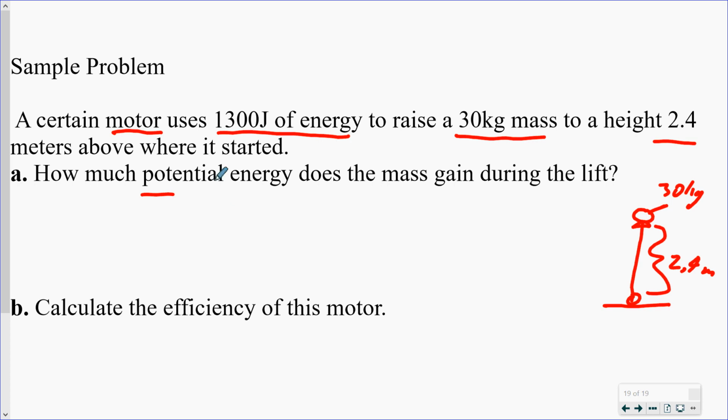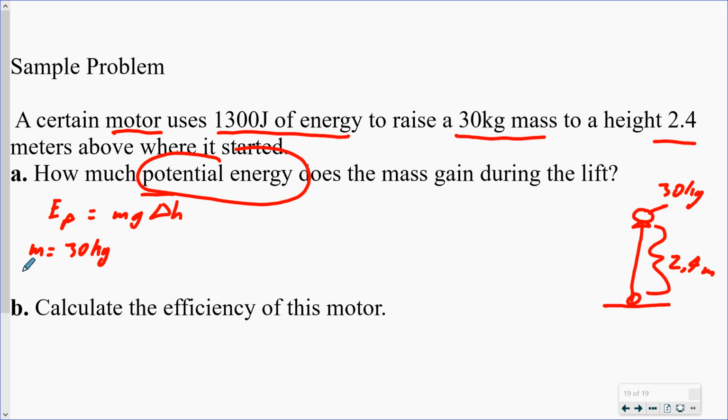So the first part here is just taking a look at that equation for potential energy. So the EP is equal to mg delta H. What is our known information? Well, we already know that the mass is equal to 30 kilograms.